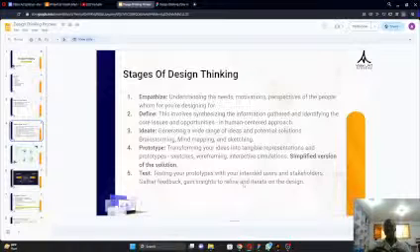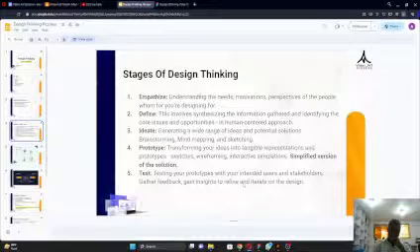Now, prototype anywhere means creating a sample. So, transforming your ideas into tangible representations and prototypes: sketches, wireframing, iterative simulations, a simplified version of the solution.